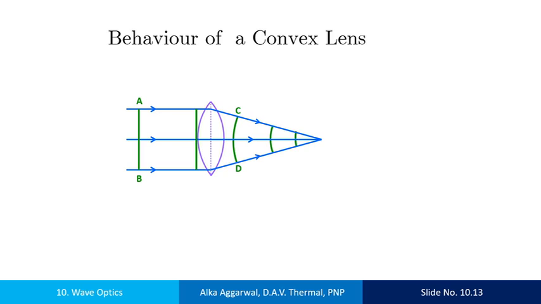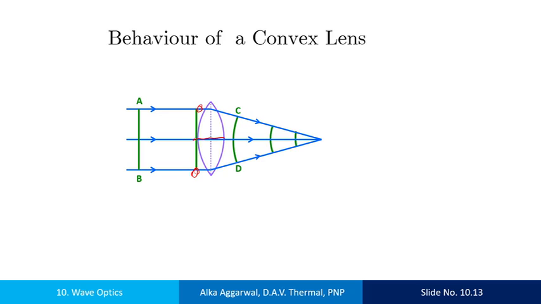Now from the figure it is clear that the rays coming from this point and this point cover more distance as they travel through the minimum thickness of the lens, and the ray which passes through the middle covers less distance as the speed of light in the lens decreases.